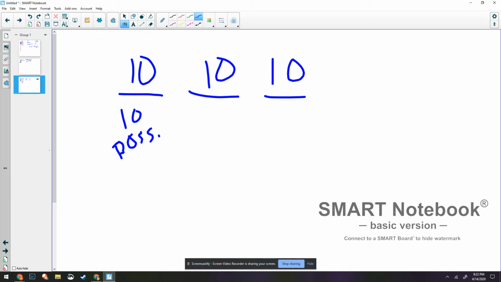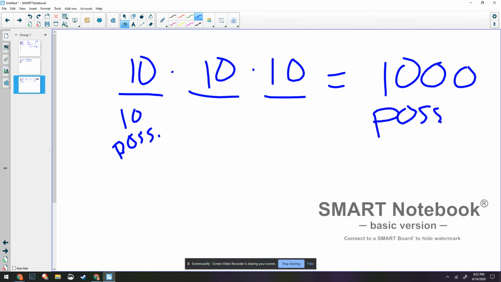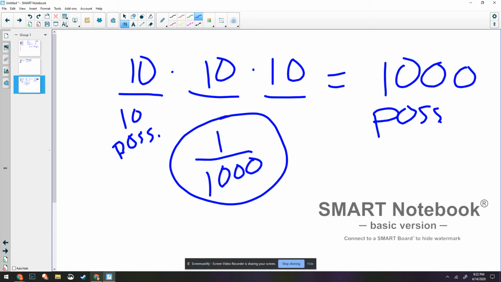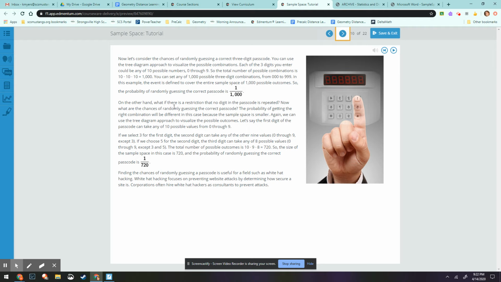And in the third spot, there are also 10 possibilities. And just like with the dice, we're going to multiply those together. So if you have a 3-digit passcode, there are actually 1,000 different 3-digit passcodes possible. And so the probability of guessing it, of you getting that one code right, would be 1 over 1,000.